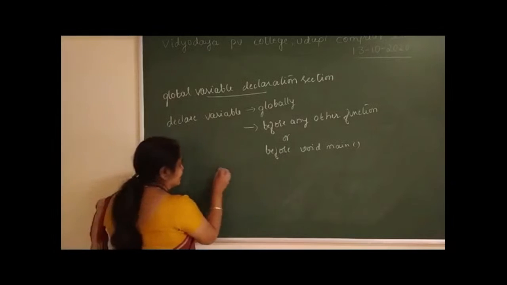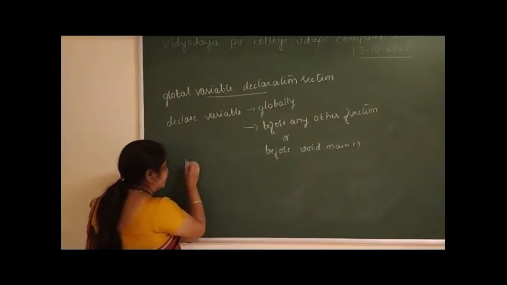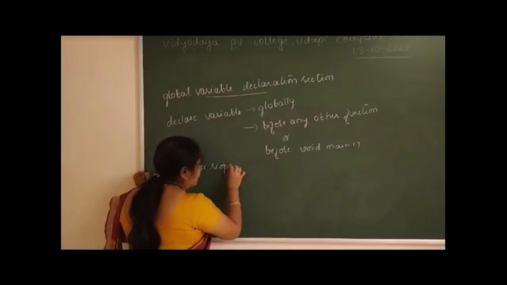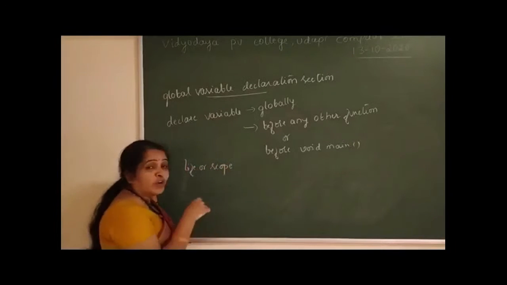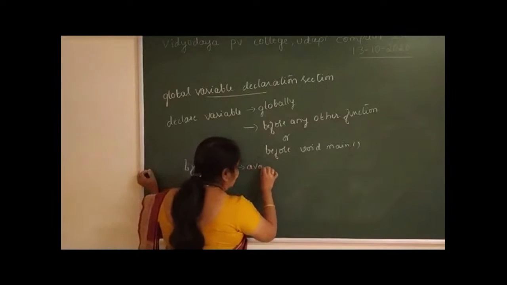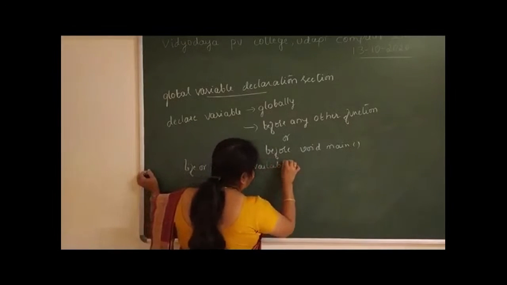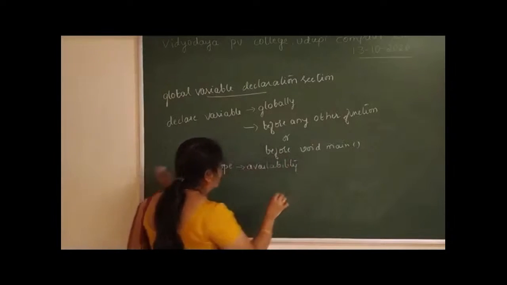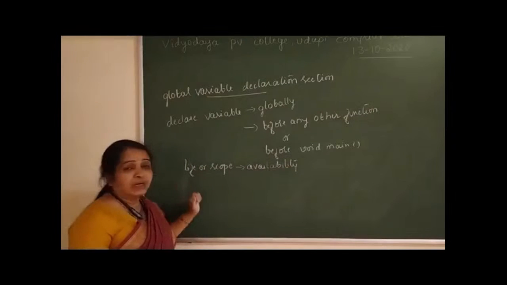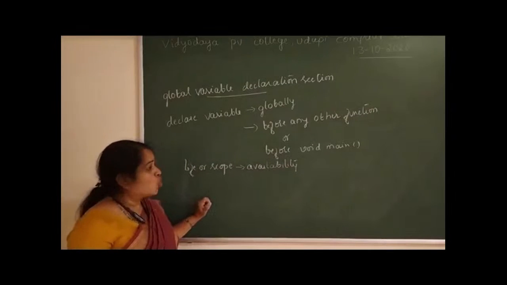And the life or scope. What do you mean by life or scope? It is nothing but the availability, that is, for which part of the program these global variables are available. It is called the life or scope of those variables.